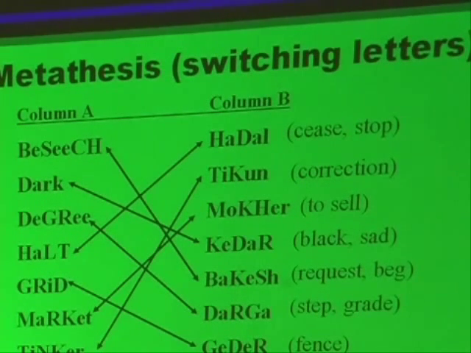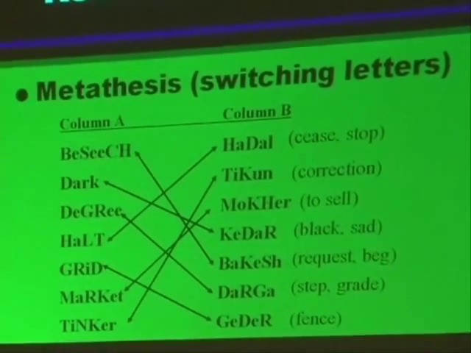Here's an example of metathesis, the switching of the letters. Let's take an example. I like the word degree. Everybody can see the word degree? Degree, the third word in English. Darga in Hebrew. It's easy to see. Just two letters are switched there.